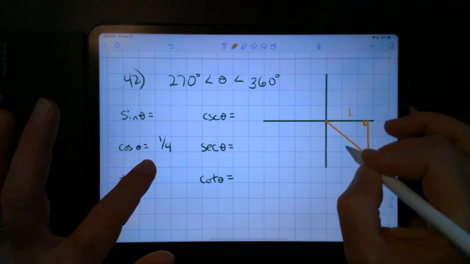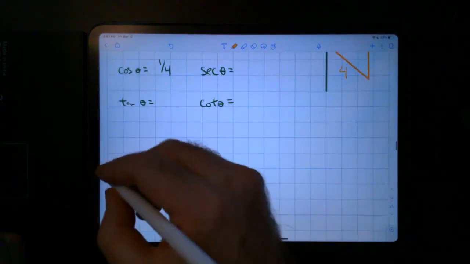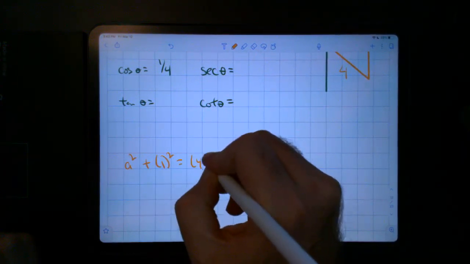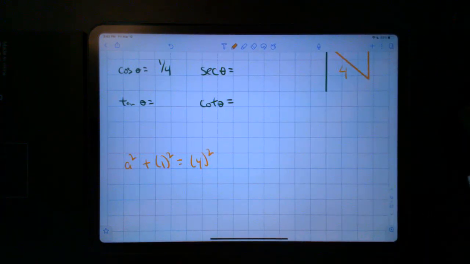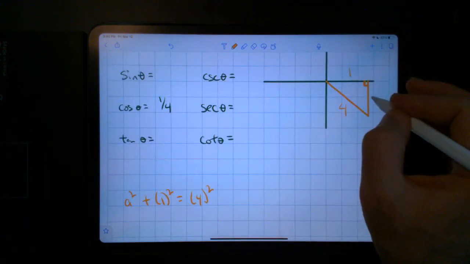So x direction is 1. Hypotenuse is 4. What's the other leg? So we have a squared plus 1 squared equals 4 squared. 16 minus 1 is 15. So this is going to be negative radical 15.